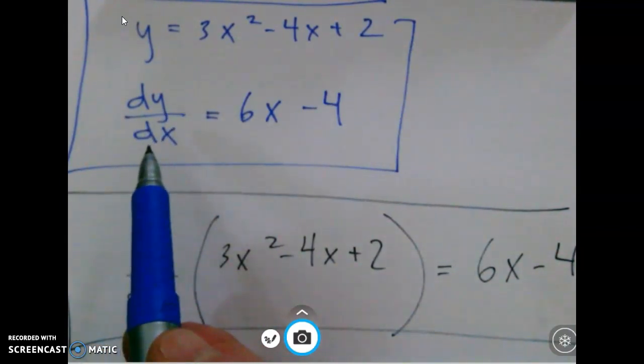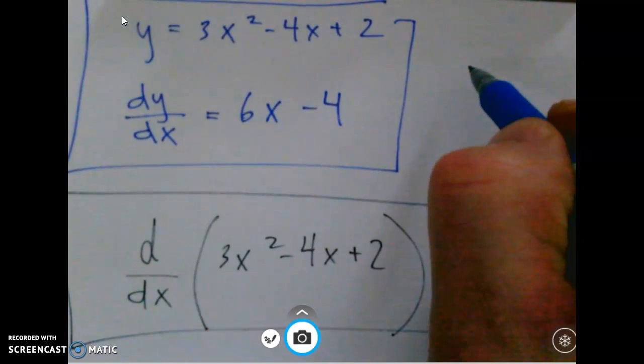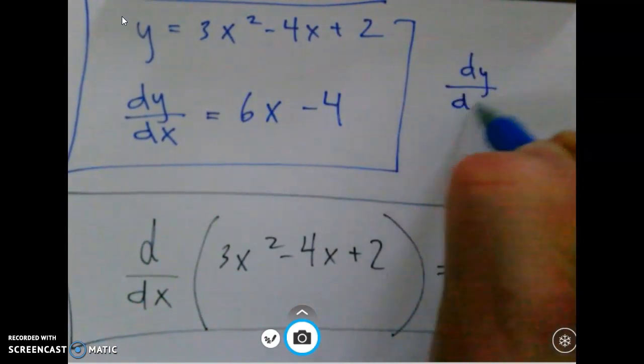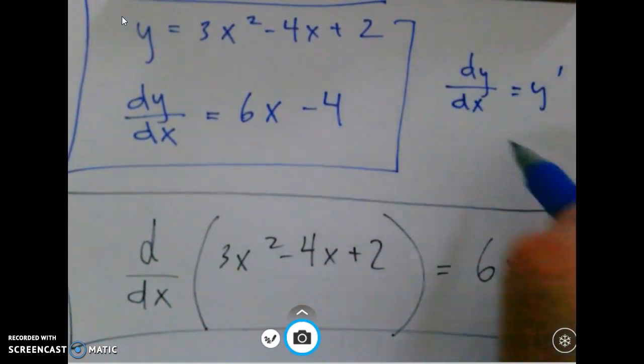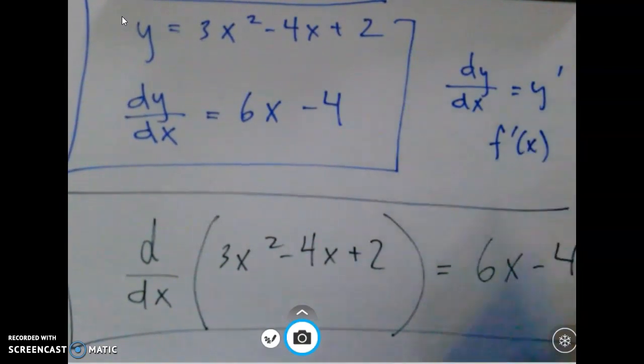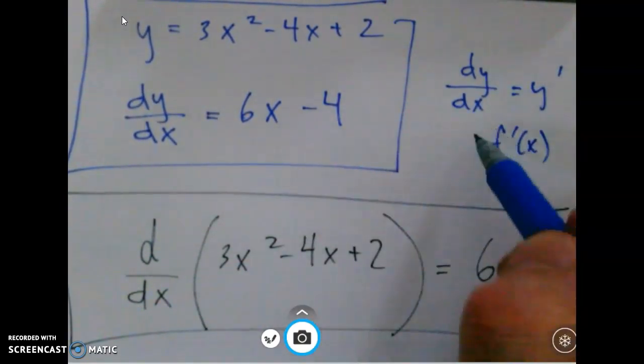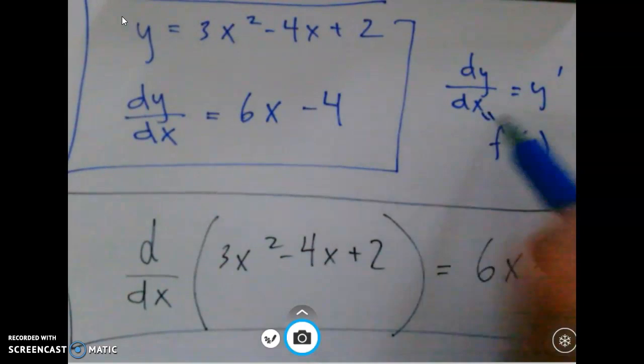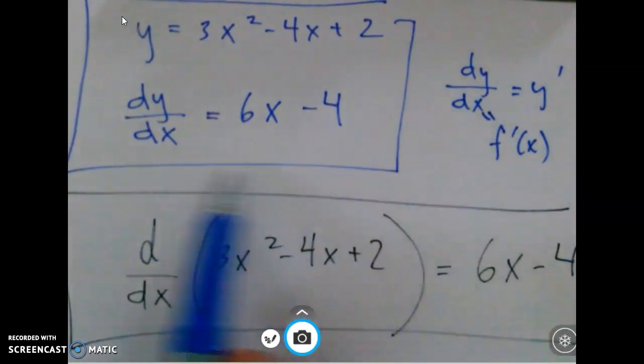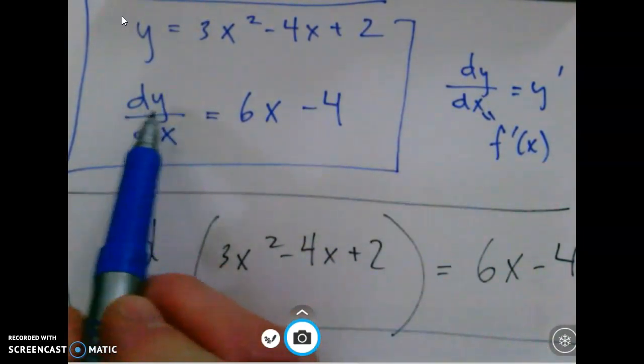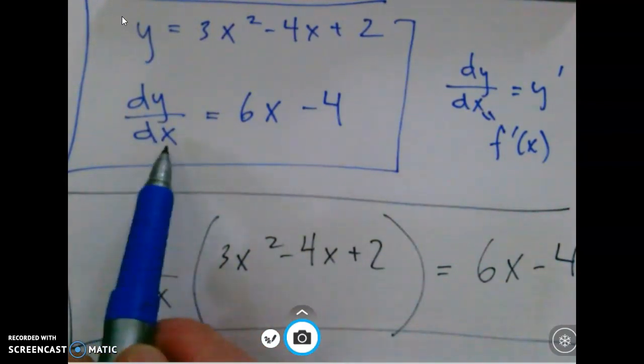This is the same thing as y prime, or f prime of x, or something like that. These are all the same notation. Okay, these are all the same thing. Specifically speaking, this says derivative of y with respect to x.